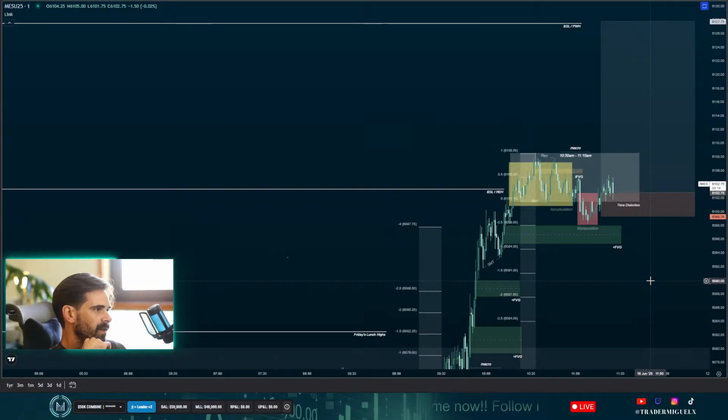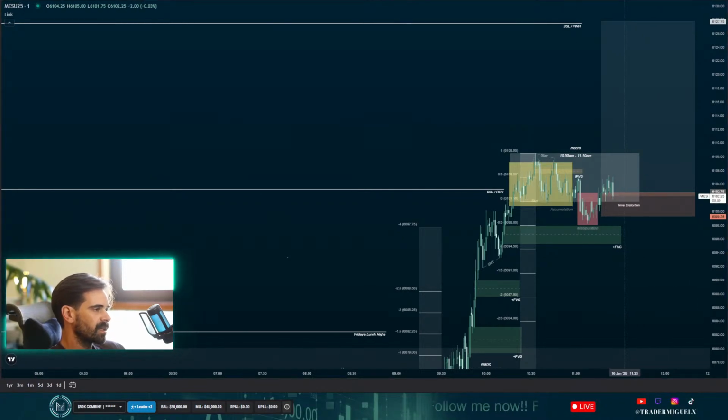I'm not very comfortable taking longs so deep into a premium. It can work, but I'm not that convinced, honestly, because I think we need to gather some more sell side first before heading to the upside.